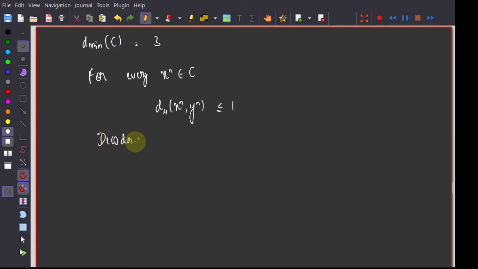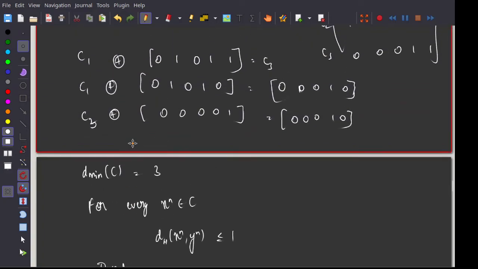Because whenever I say error correction capability, it implicitly requires you to define a decoder. You could define a bad decoder for which it doesn't correct anything. So how would your decoder operate? You already have it here, right?